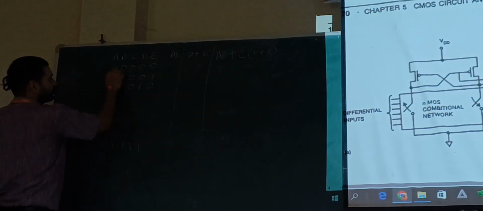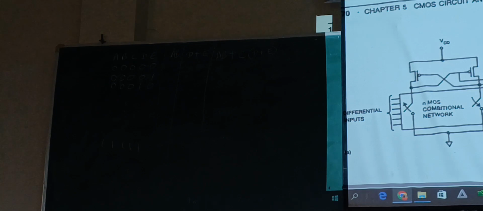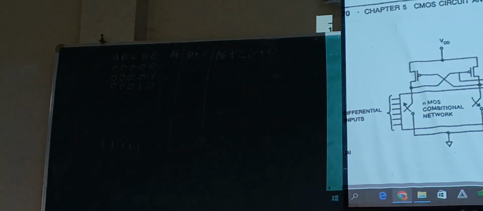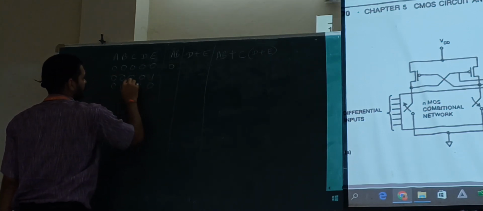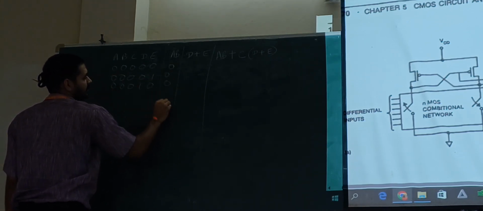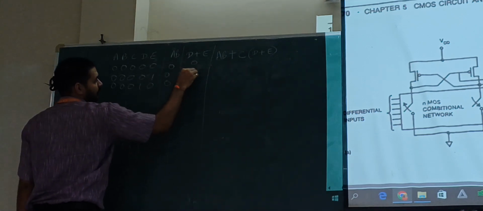So you do A into B, which gives 0, and so on. Then D plus E gives 1, 1.